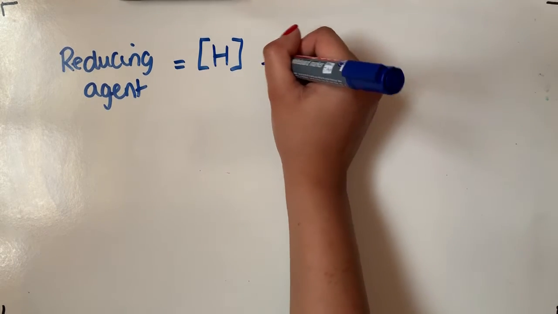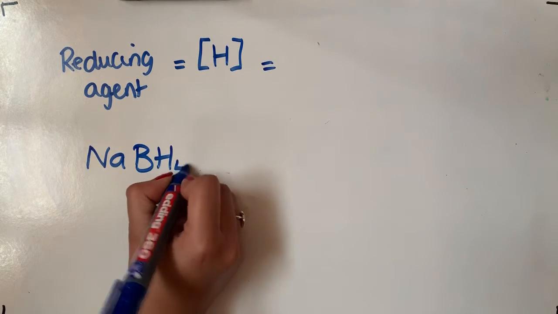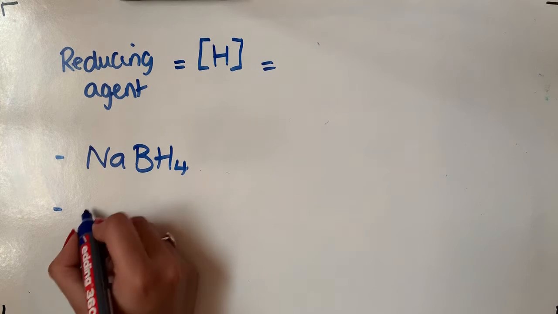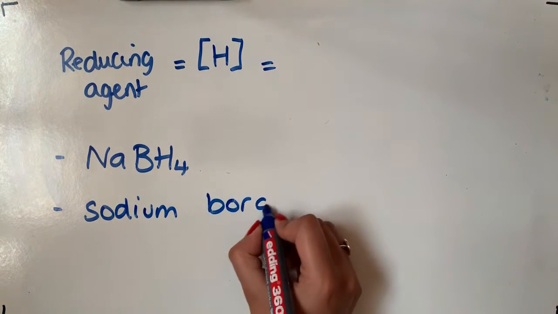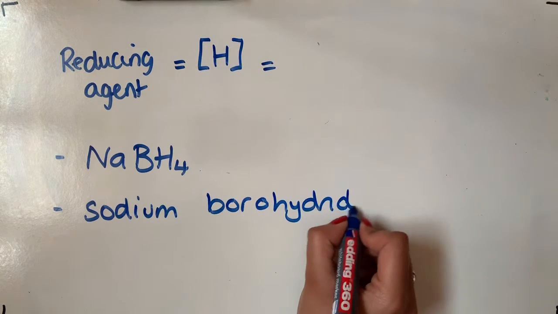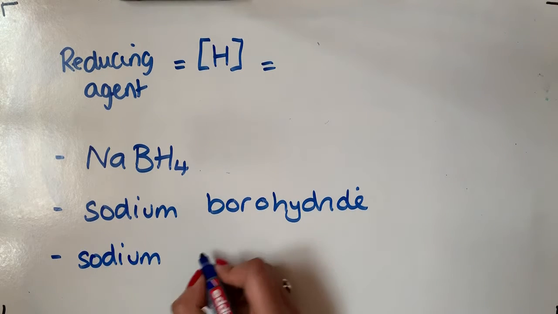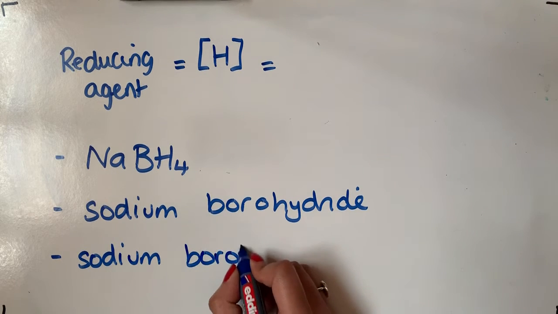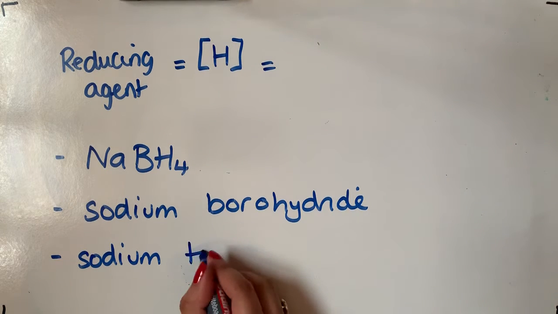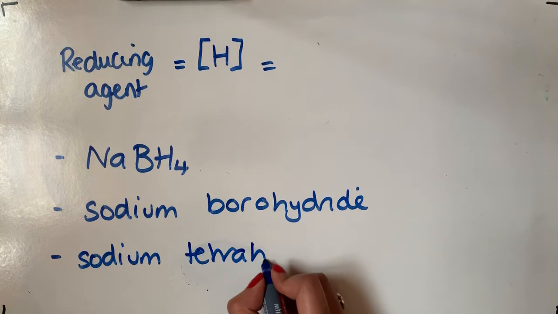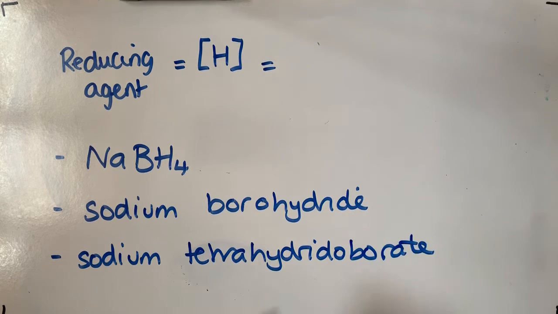The reducing agent that we use is NaBH4. Okay, that's known as sodium borohydride. If you want the full name for it, it is sodium tetrahydridoborate, like that.